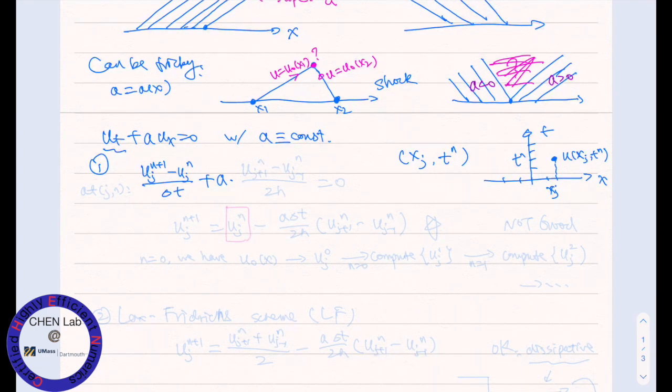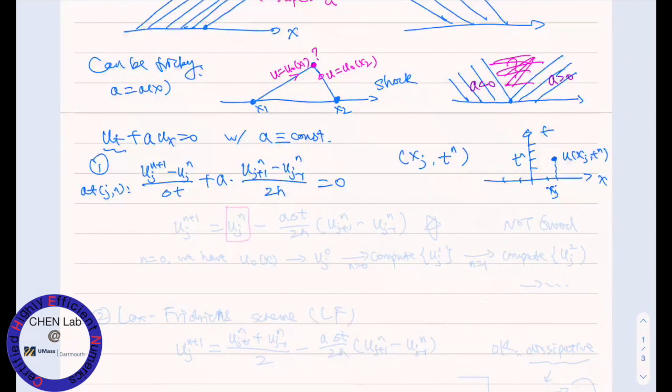So the first thing people tried is to evaluate at u_j^n, u_{j+1} on the right and u_{j-1} on the left, divided by 2h, approximately u_x, equal to 0. And this is the so-called explicit scheme.